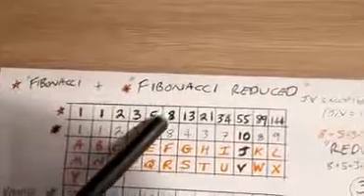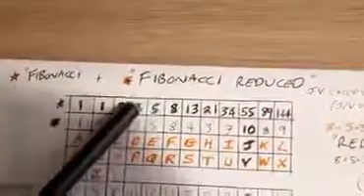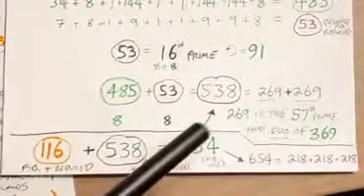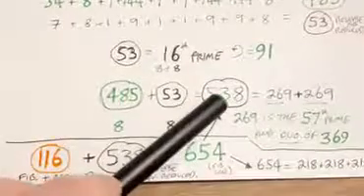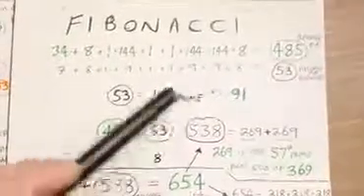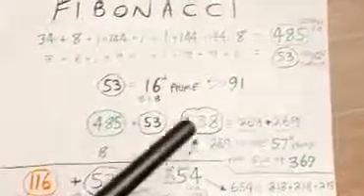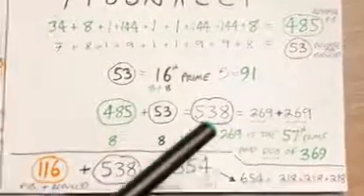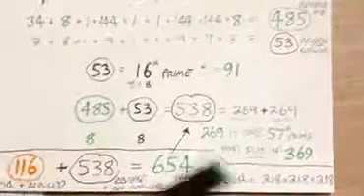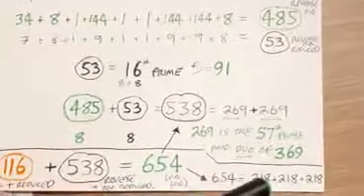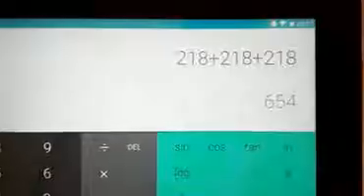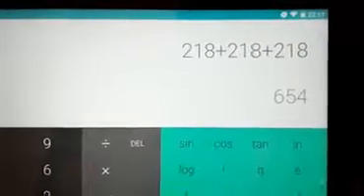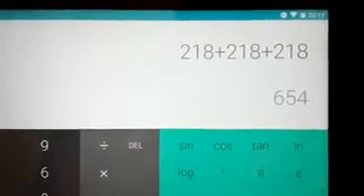Let's have a look at the table. 6 is that, 5, 4, 8, 5, 3. That's the reverse, adding them together. Same numbers. I'm running out of time, but 654 is 218 plus 218 plus 218. Triple 218, the year we're in.